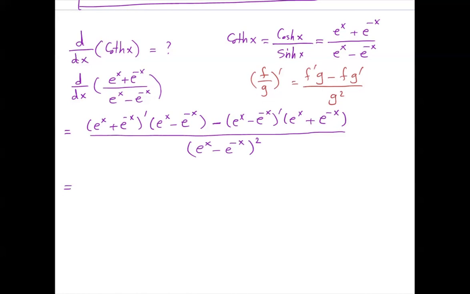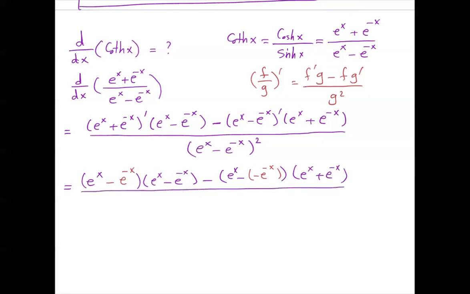This in turn can be written as e to the x minus e to power minus x, times e to the x minus e to power minus x, minus, and the derivative of e to the x is just e to the x, minus, now you have the derivative of e to power minus x, which is minus e to power minus x, close up the parenthesis, times e to the x plus e to power minus x, and divide everything by your denominator, which is e to the x minus e to power minus x to the second power.